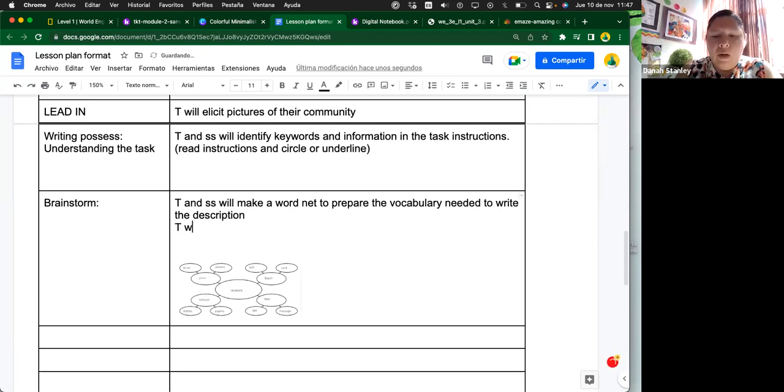Teacher will invite students to search for vocabulary in a dictionary or online. Ahí está.